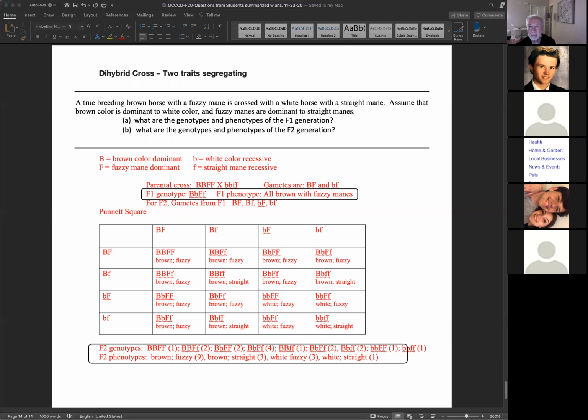Codominance would be when you have a red and a white, and your offspring have red and white in them, not pink, because they don't mix. They are both expressed. They're codominant. They share dominance.